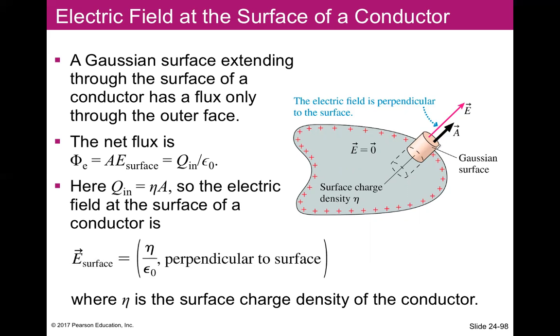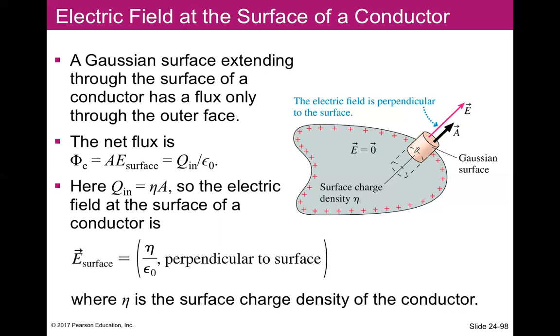So we can draw a Gaussian surface, which is a cylinder, perpendicular to the surface, and it goes through the surface. If your Gaussian cylinder is small enough, then all the field lines are in the same direction as the area direction of your surface. They're all perpendicular to your conductor surface.